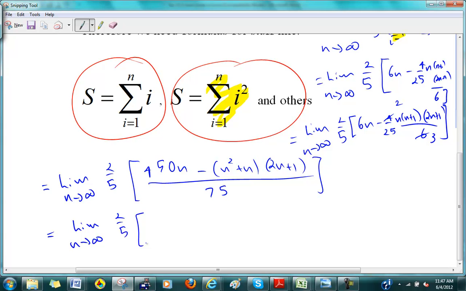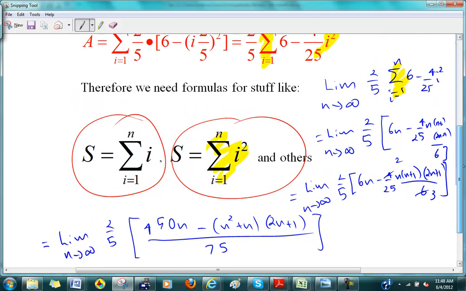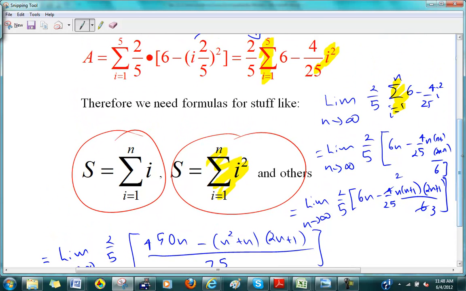I'm not very happy with this somehow. I don't know why. Things are not looking very good to me, because I would have expected a 1 over n somewhere. Oh! Boom! Why is there a 5?